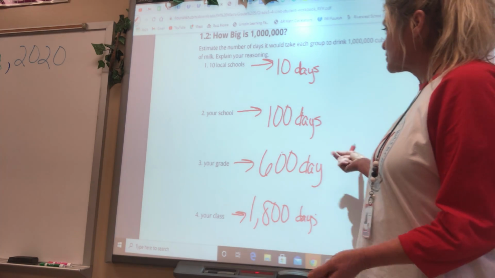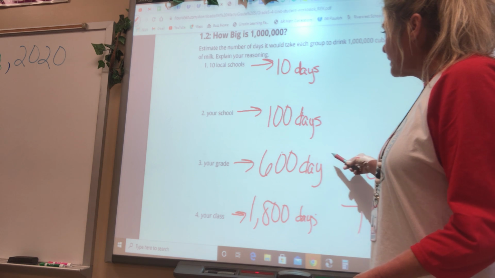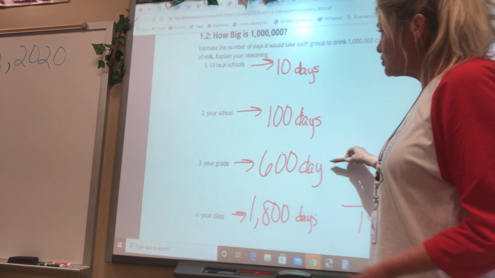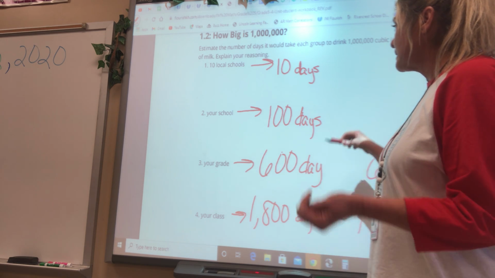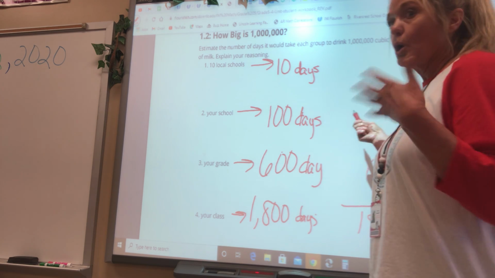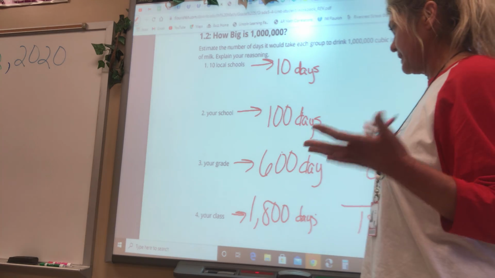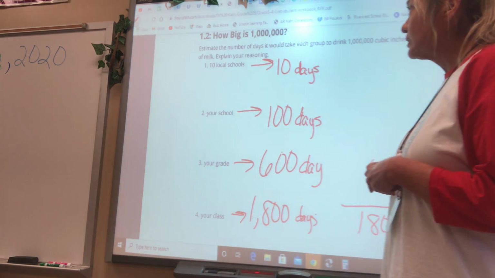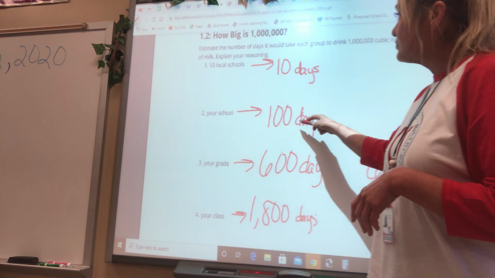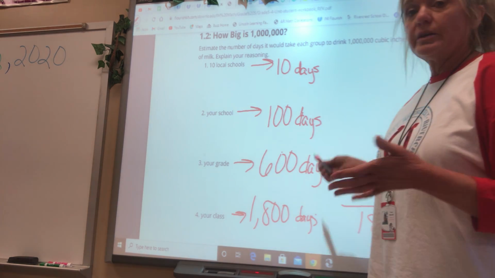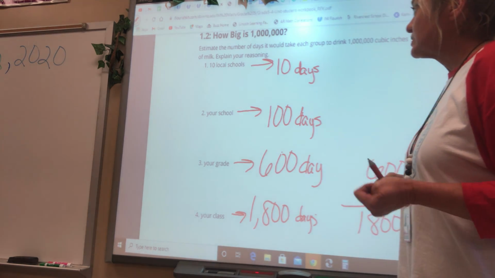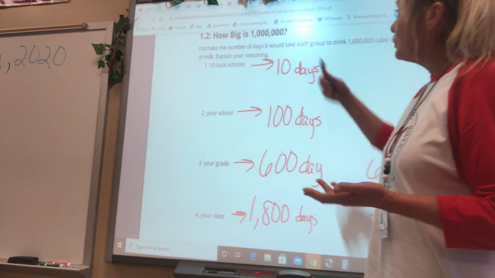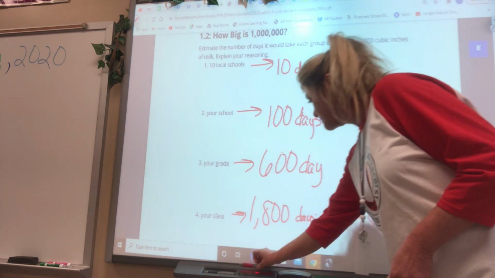Yeah, I had 6 grades, and if it takes them 600 days, and I go back to just the whole school, 600 divided by the 6 grades would give me 100, and that was for a school. So then if they told me that it was for 10 schools, 100 divided by 10 puts me back at 10 days.